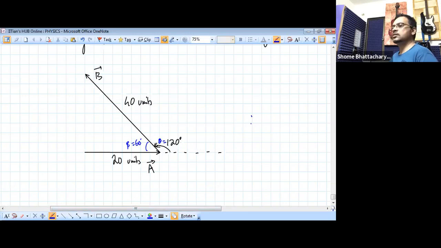Now notice that cos 60 कितना होता है? Half होता है. Okay. और यहाँ पे that is nothing but A by B. Because A is 20 and B is 40. So that means these are the two sides of which type of triangle? Right angle triangle. So that means when I construct the resultant, which is going to be this, interestingly, the resultant is going to be at 90 degrees.